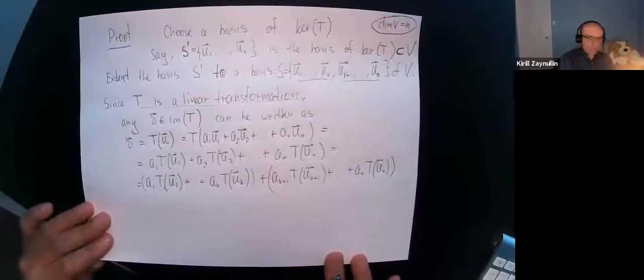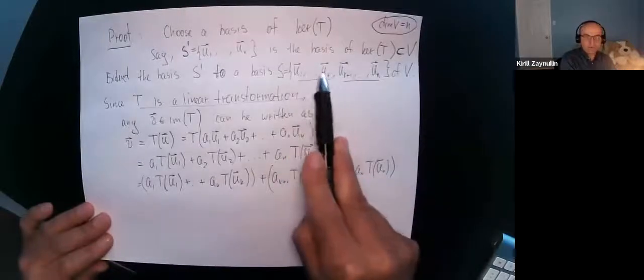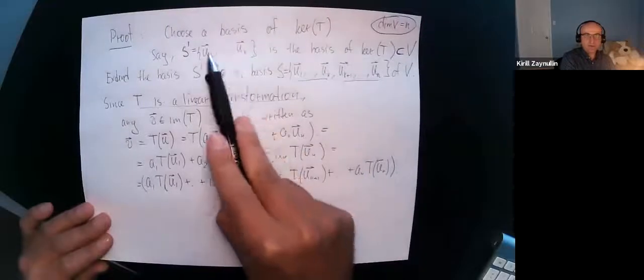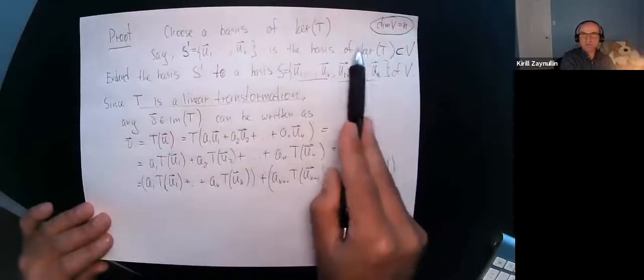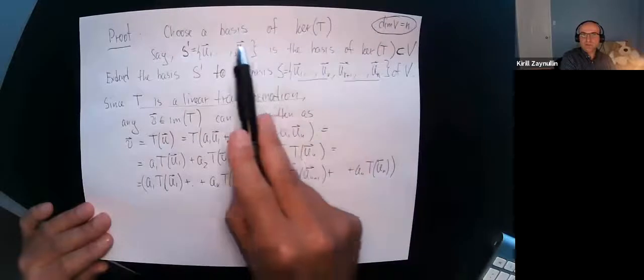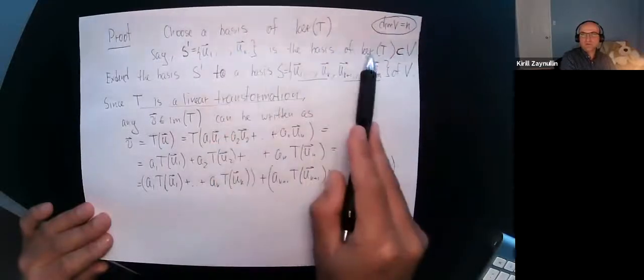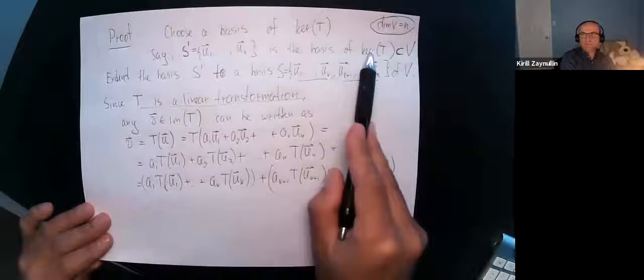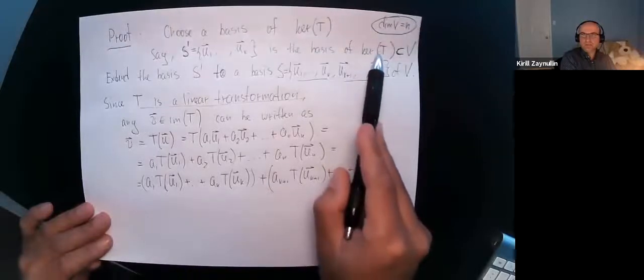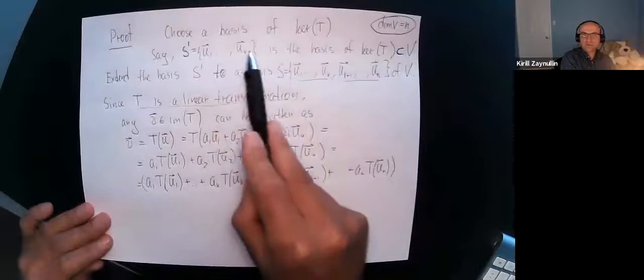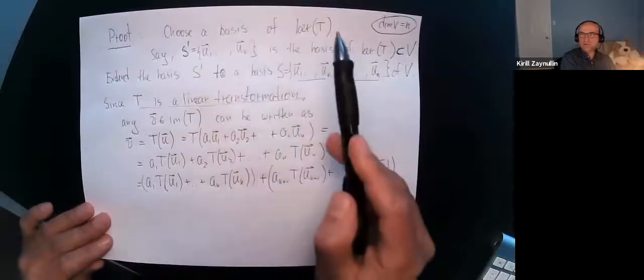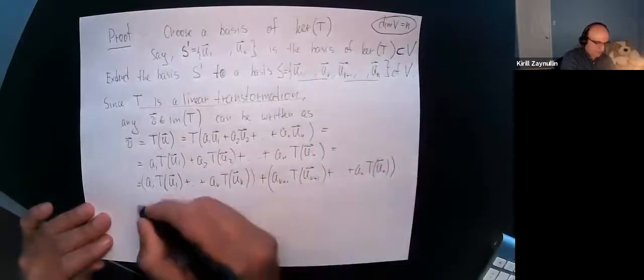Okay, and then remember that those vectors here form the basis of the kernel. So in particular, each of those vectors belongs to the kernel. So what does it mean? It means that if we apply T to each of those vectors, we will get 0. So let me substitute.